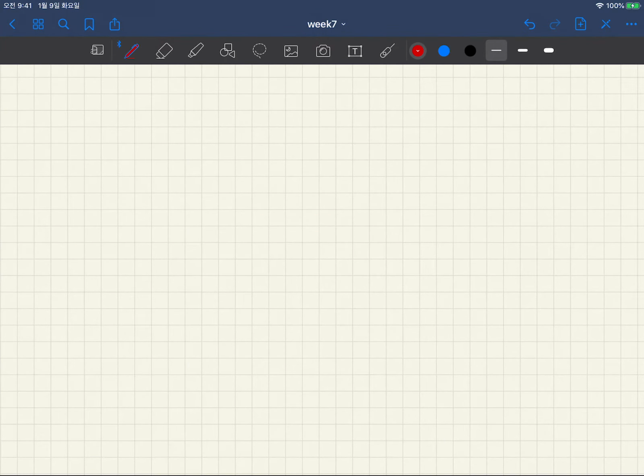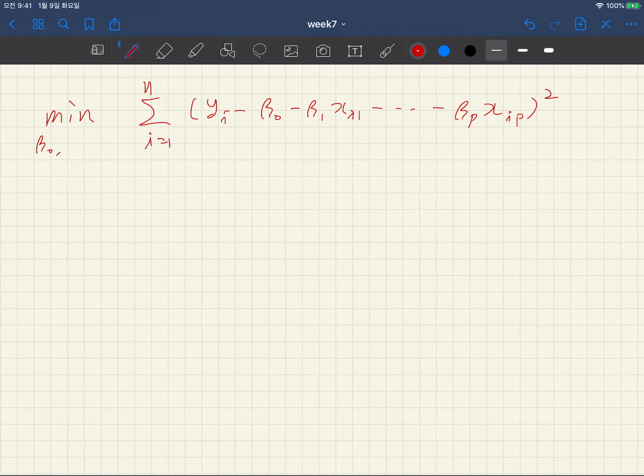Another understanding of Ridge regression and LASSO regularization is the Lagrangian dual form. Essentially, you have this optimization problem: minimize the sum over i equals 1 to n of (y_i minus beta 0 minus beta 1 x_i1 minus ... minus beta p x_ip) squared, with respect to the variables beta 0, beta 1 to beta p.